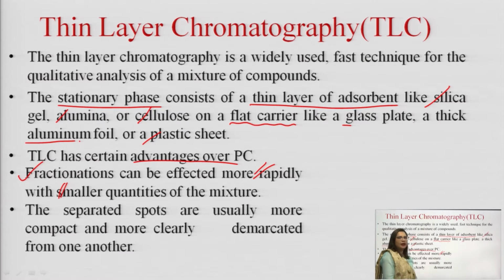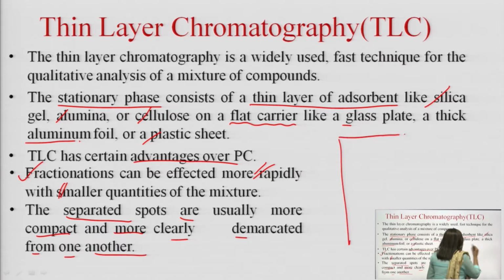The reason behind this is the silica, which additionally gives an adsorbent surface apart from the partitioning of the solvent system used. So, the separated spots are usually more compact and more clearly demarcated from one another.